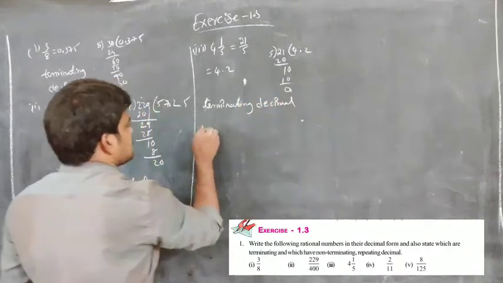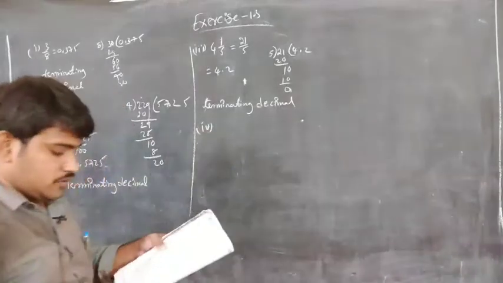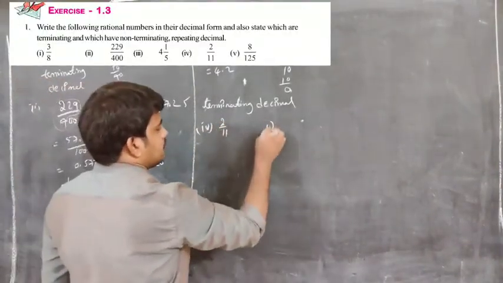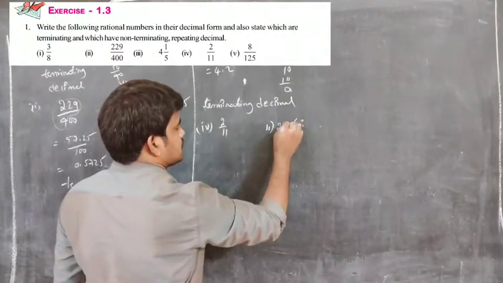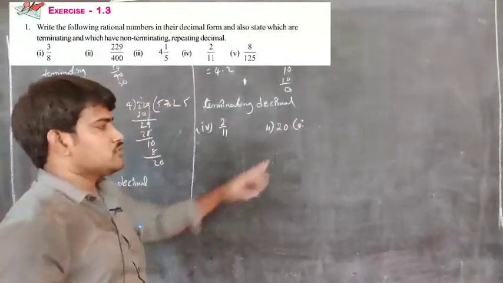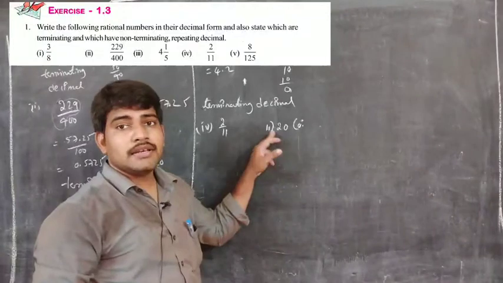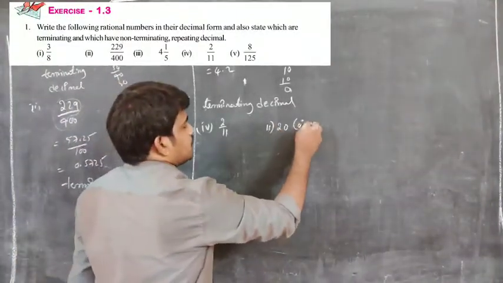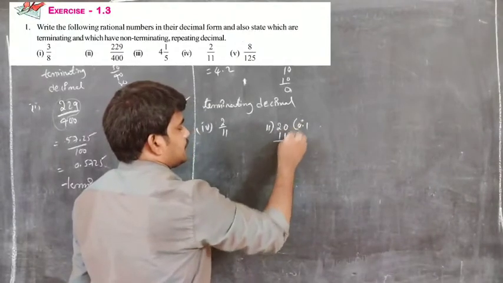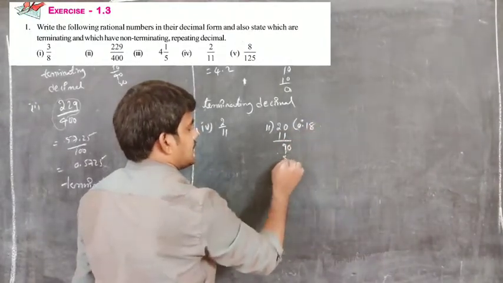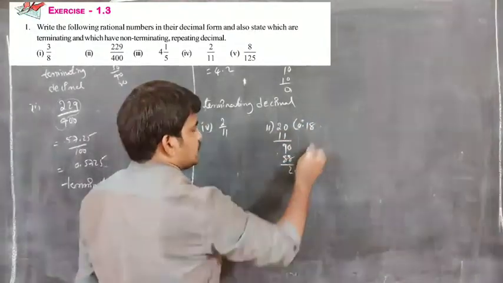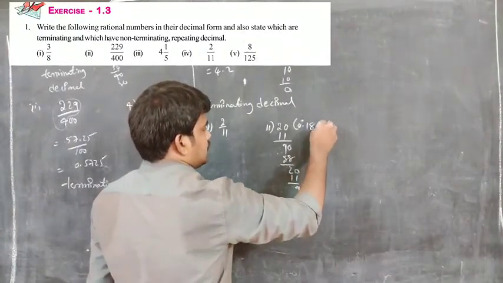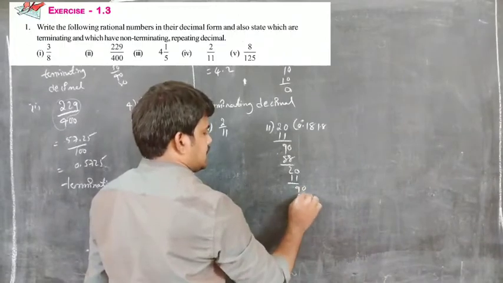Next, fourth one. 2 by 11. 2 by 11, 2 0.0. Why did we put 0 point like this? Because 2 is smaller than 11, so we put 0 point. Now 11 1s are 11, 9.0, 8 times 88, 2.0, again 1, 11 times 1, 9 0, 8 times 88.